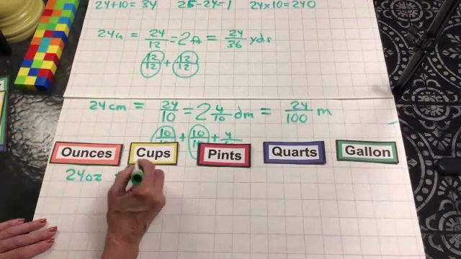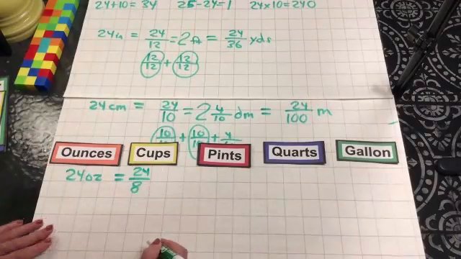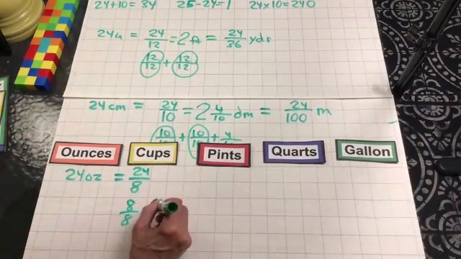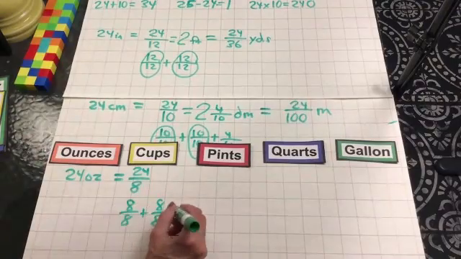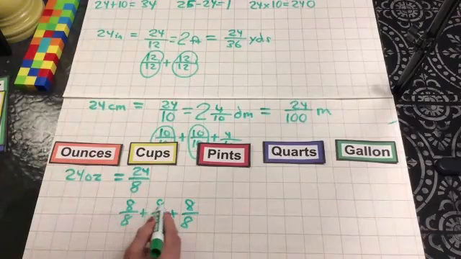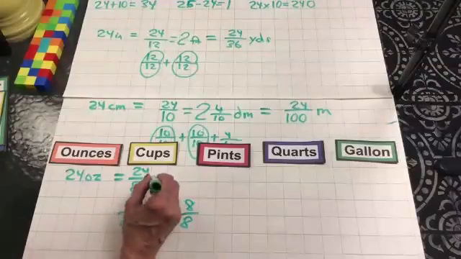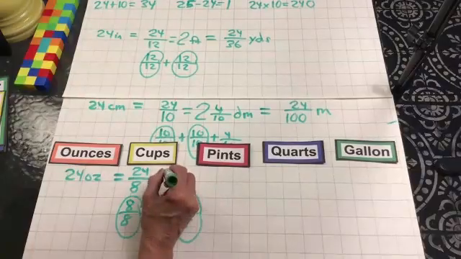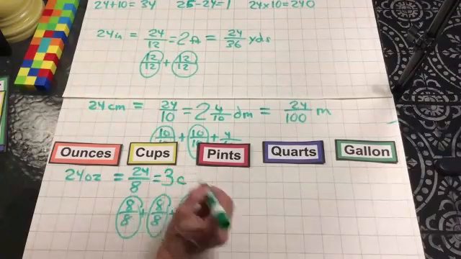So we're going to put it over 8 ounces. And then we're going to break it apart. So 8 plus 8 equals 16. And then 8 more. Actually, 1, 2, 3 eighths make 24. So guess what? 24 ounces make 3 whole cups.